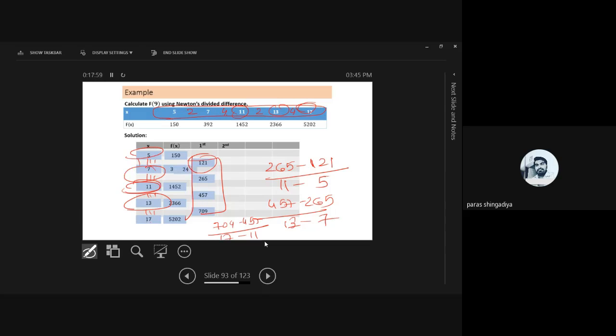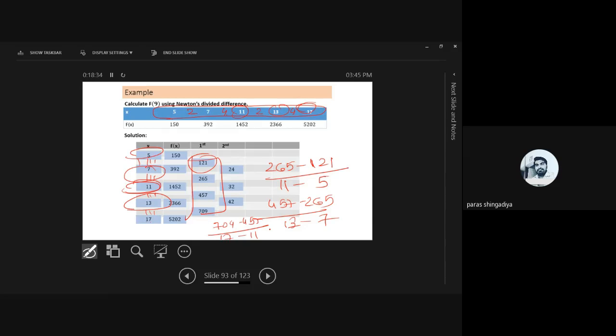So the first output is 24, the second output is 32, and the last term, 709 minus 457 divided by 17 minus 11, will be 42.